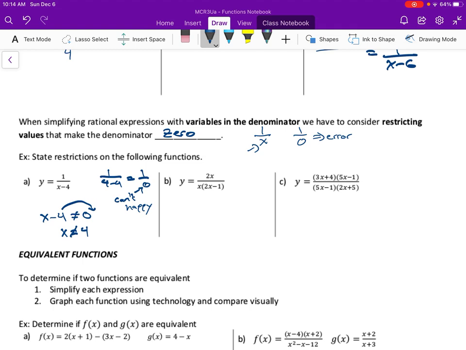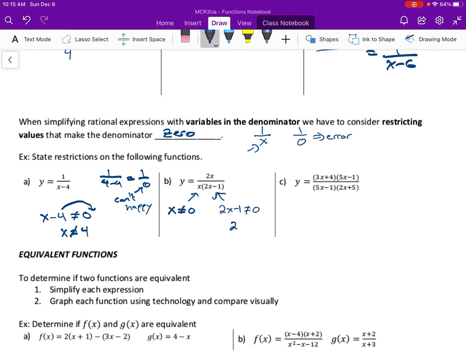If you look at b, this time, again, I've got an x here and also x in here. And so they're both factored, so we can just simply look at the restrictions. So you literally set it equal to 0, so x cannot equal 0, like that. So that's that restriction, that was easy. And then I do the same thing here.